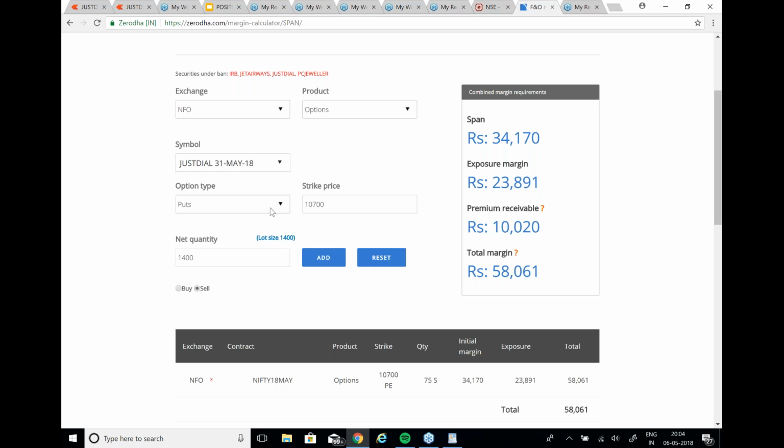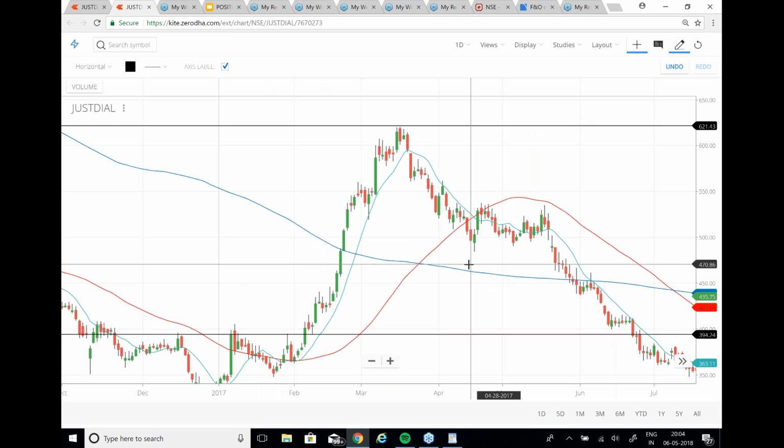Just Dial has a size of 1400 into 120 points. Oh my god, it's a huge amount of money. 1400 into 100 will give you 1,40,000 plus another 28,000 rupees. It's a huge amount of money. Just identification of one stock can give you so much of money.